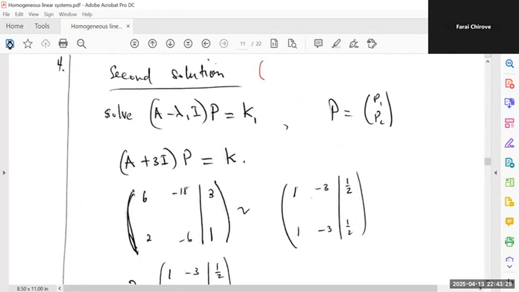We started with (A minus lambda 1 I) times K1 is equal to 0. And this is what gave us the K1 eigenvector.